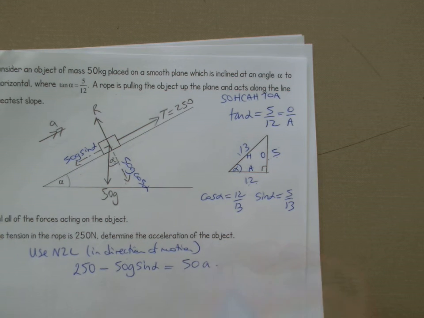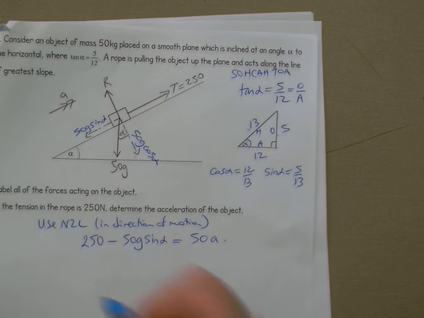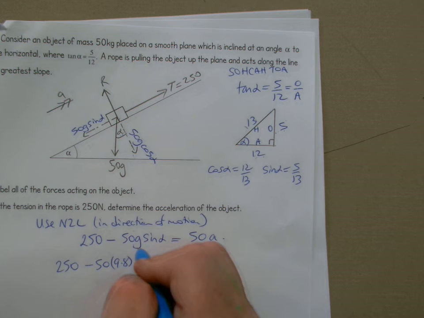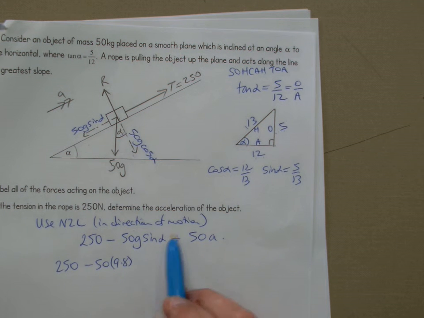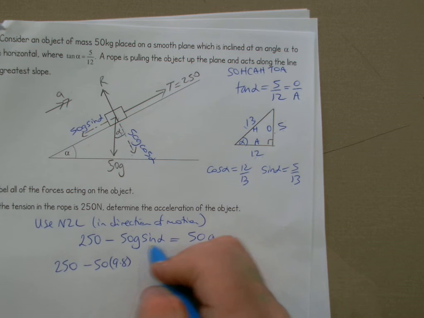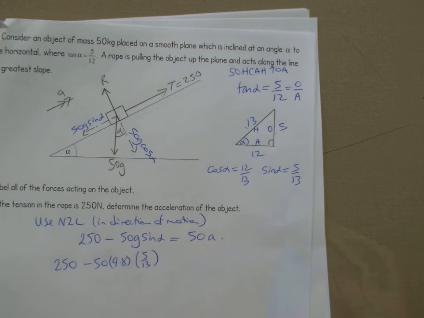Now we don't know what the acceleration is, we're asked to work it out. On the next line, I can sub g to be 9.8, but I know sine alpha, I worked it out, sine alpha is 5/13, so I can get rid of sine alpha now and write it as 5/13, because that's what it is.